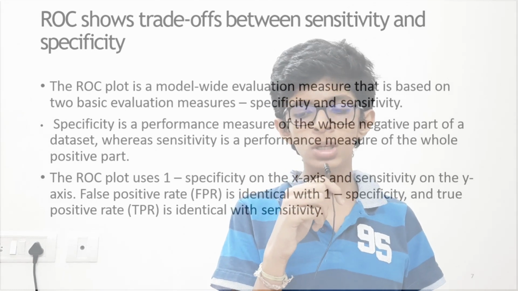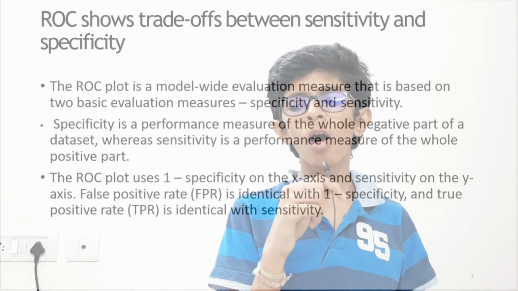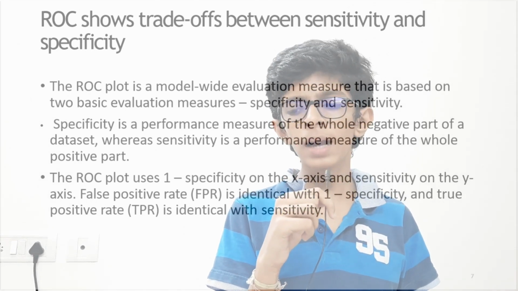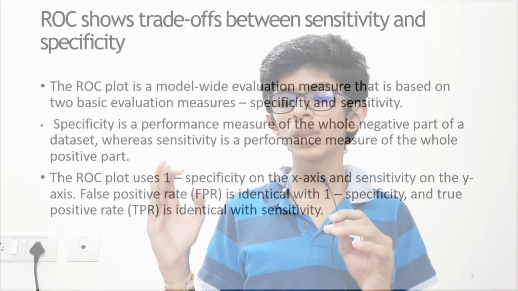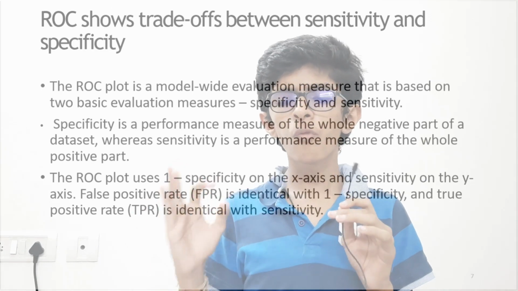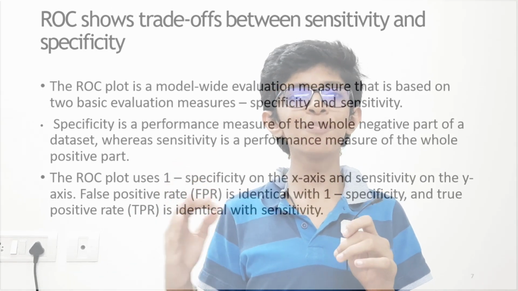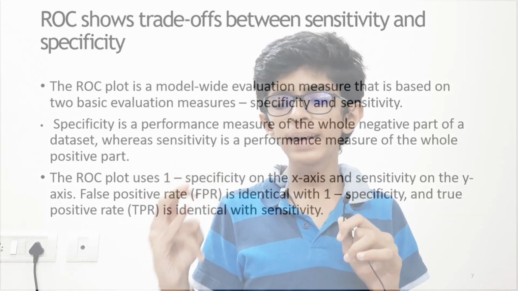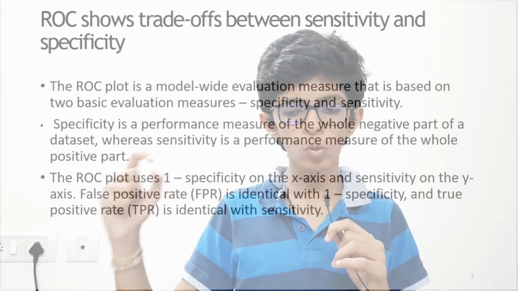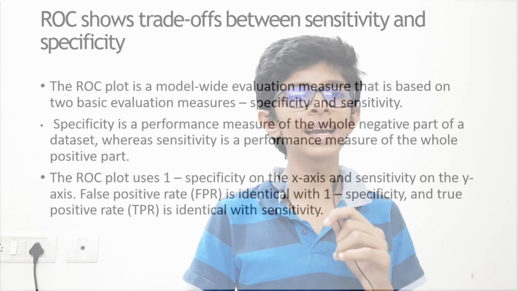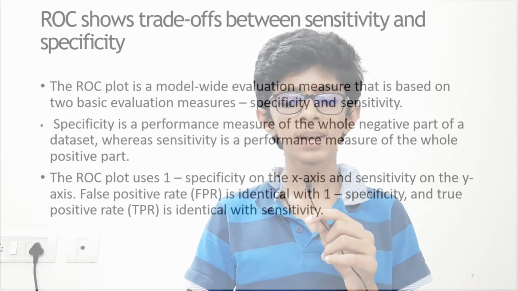The ROC plot uses 1 minus specificity on the x-axis and sensitivity on the y-axis. False positive rate (FPR) is identical with 1 minus specificity, and true positive rate (TPR) is identical with sensitivity.